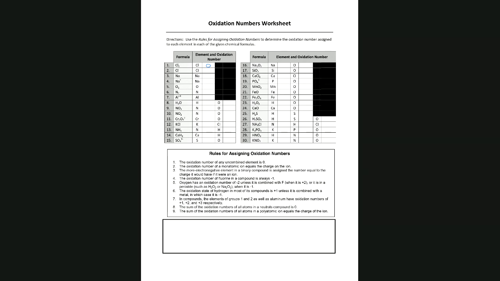Erica. This is so weird to do this way. Okay, I have a feeling she has stepped away. We got 0 for the first one because it is Cl2, the elemental form of chlorine. It's a diatomic gas, Cl2.